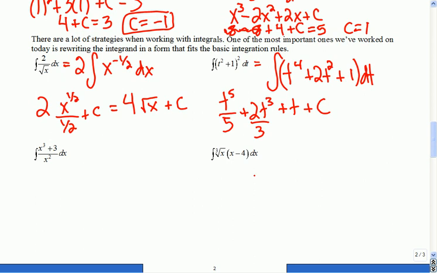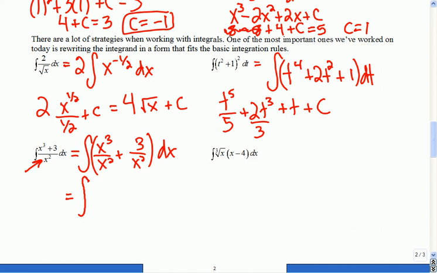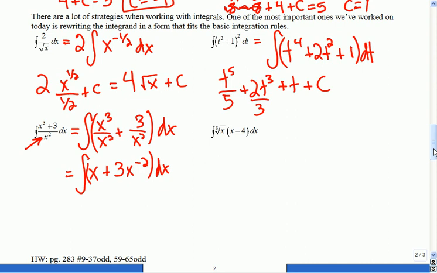Okay, so this again is that monomial denominator. So I would write this as x cubed over x squared plus 3 over x squared. And then it's going to become x plus 3x to the negative 2. And I'll be able to use my power rule for that.